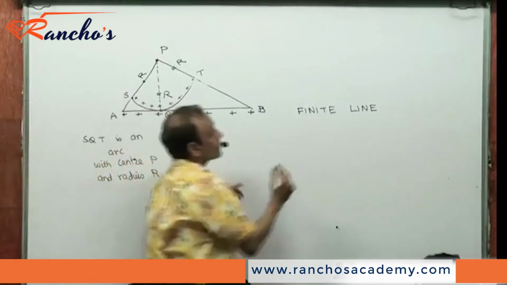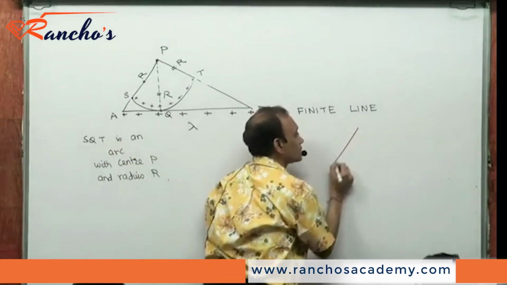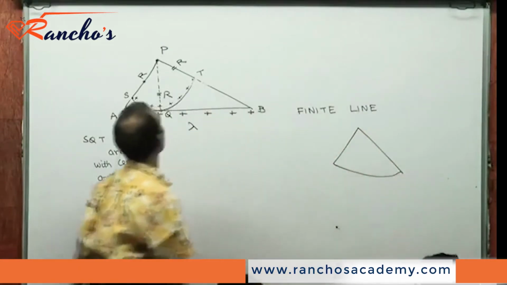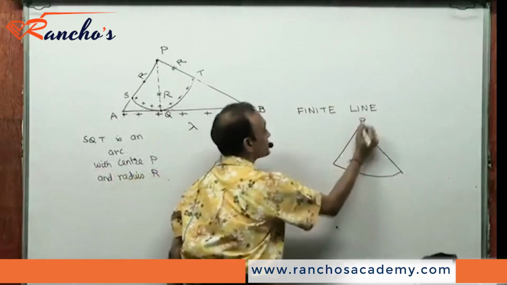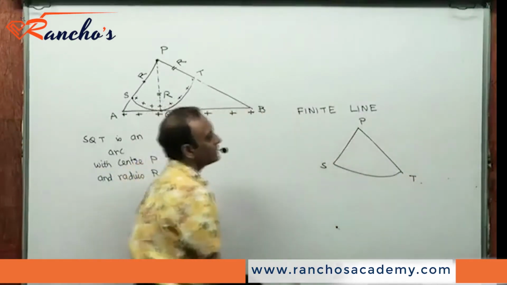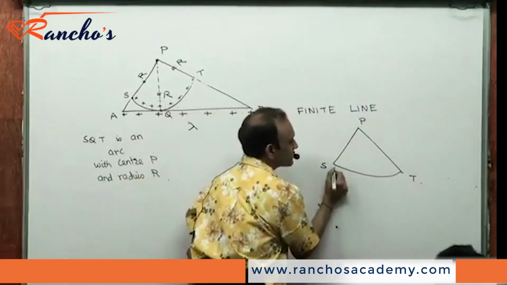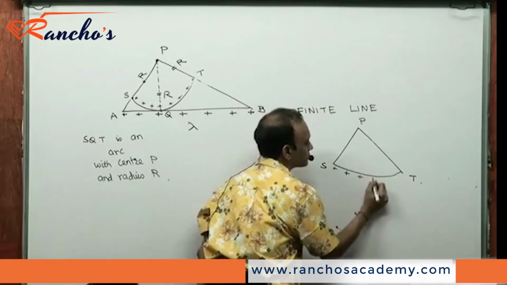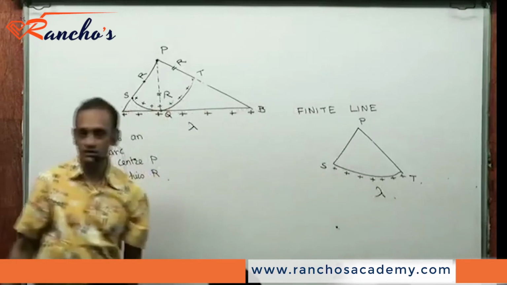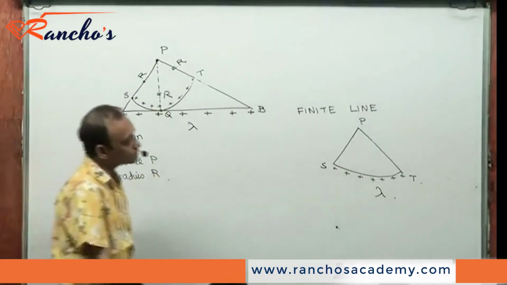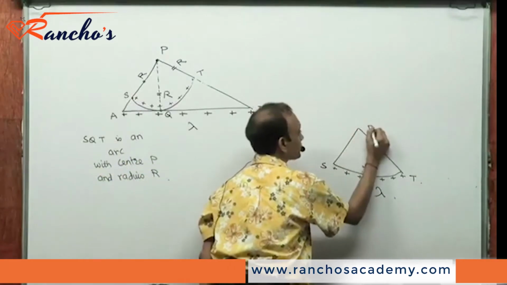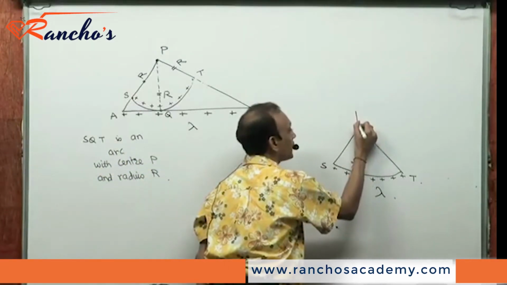And if you recall, if this is an arc centered at P, ST, and there is linear charge density lambda on ST, then the field at P will be along the angle bisector.